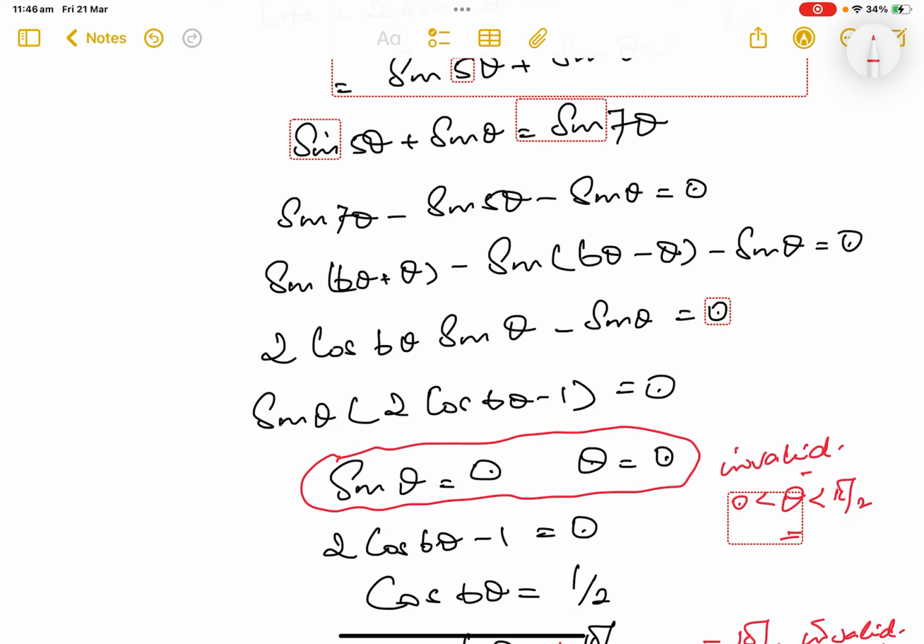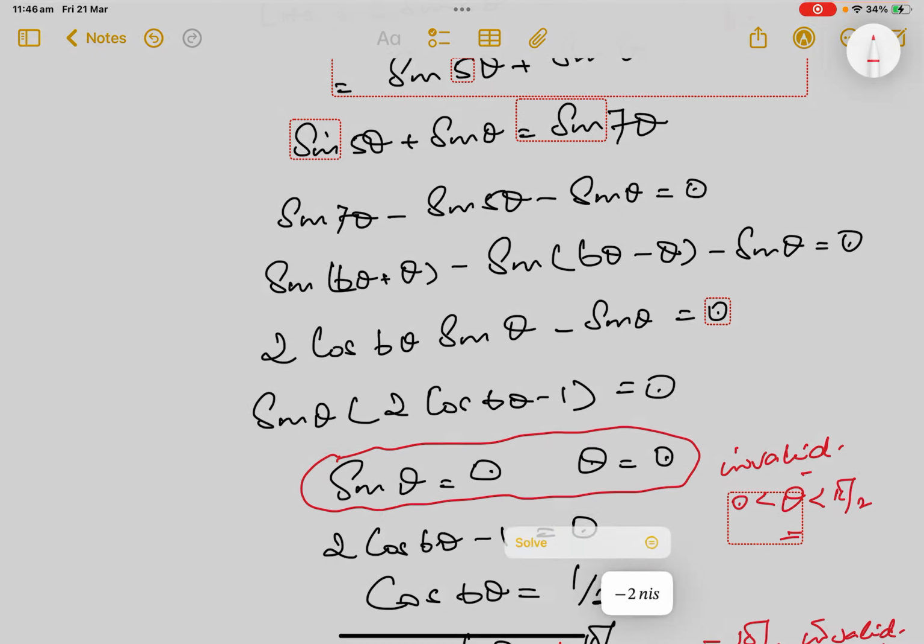If you look at it, we have 7 theta and 5 theta. So try to work it out using the sine A plus B, sine A minus B formulas from the first part. 7 theta can be written as 6 theta plus theta, and 5 theta can be written as 6 theta minus theta. So that comes into the A plus B, A minus B format.